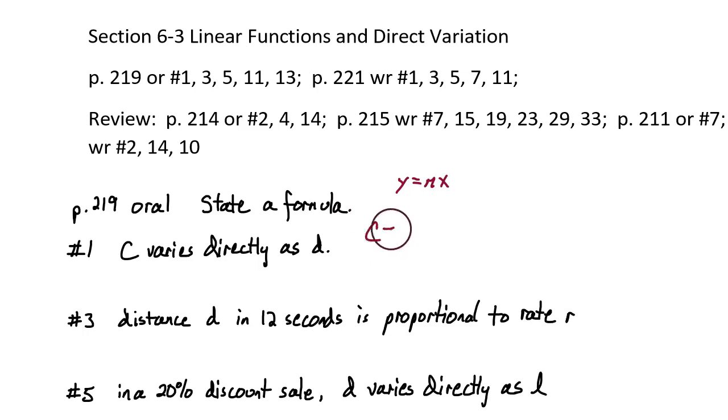So c equals m times d. Now in the directions it tells us that the question will either tell us what m is or it's implied. In this case, it's implied because we know from geometry that circumference equals pi times d. So our value of m is the number pi.